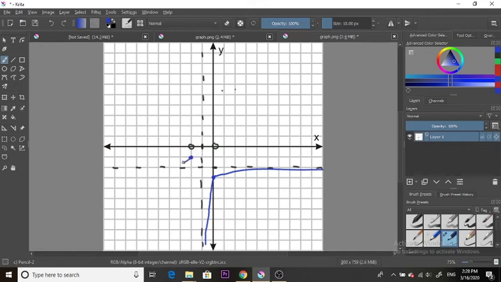So this is just an approximation. So, not perfect, but it should look similar to this. It should be approaching both of the asymptotes. It shouldn't touch. I know here it touches a little bit. It shouldn't. This is an approximation. And then that is how you would graph the rational function.